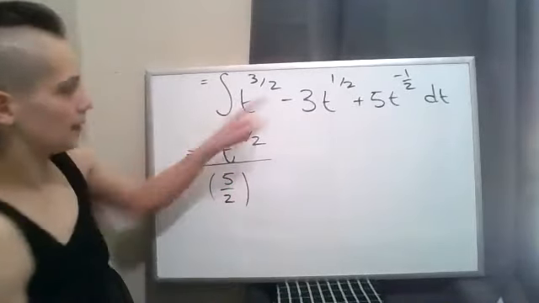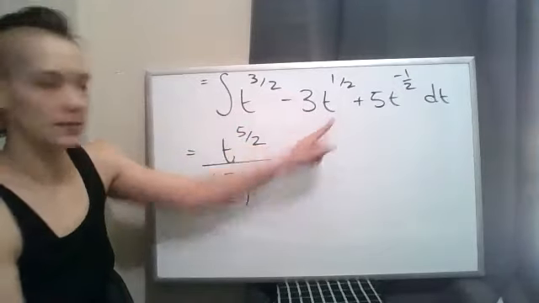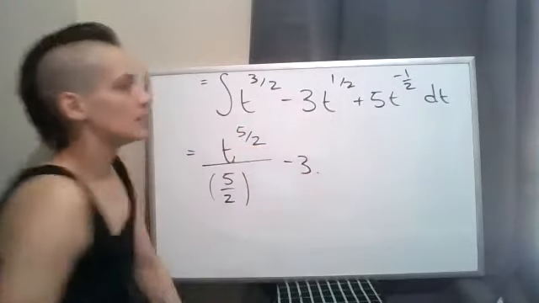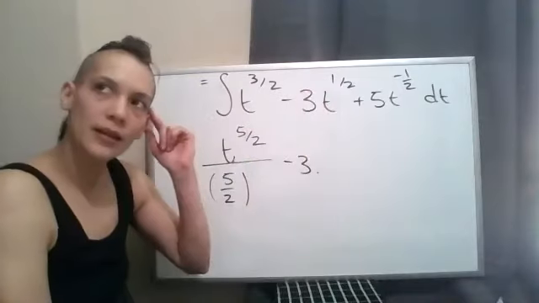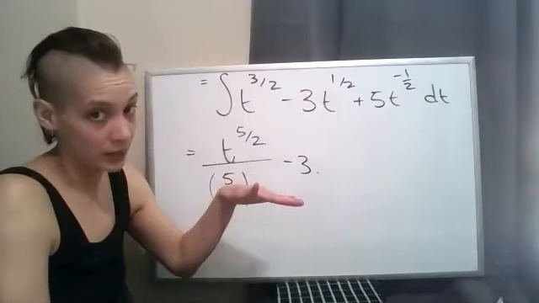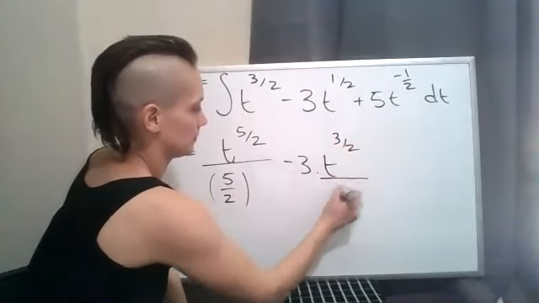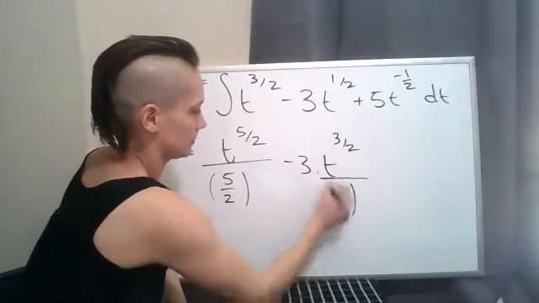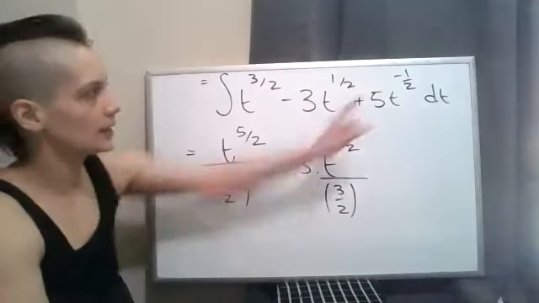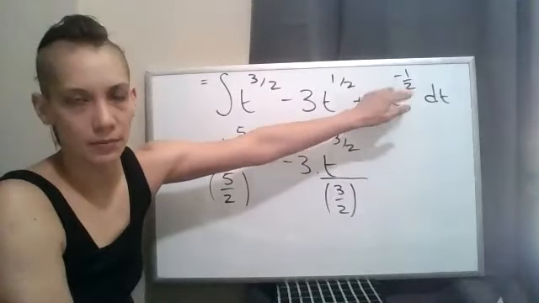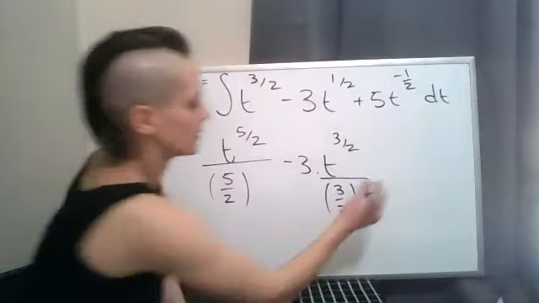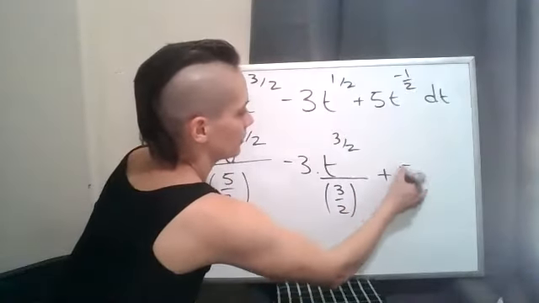Minus 3 times t to the power of 3 halves, and then divide by 3 halves. And this one, when you add 1 to that power, the exponent is going to be positive 1/2.